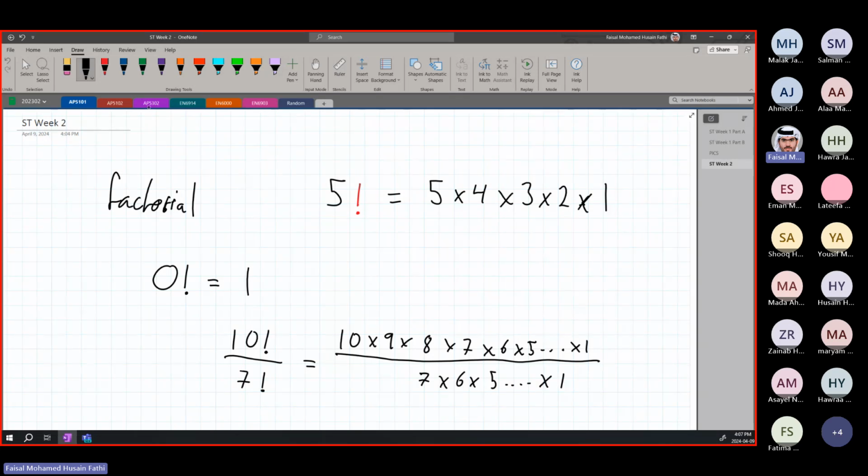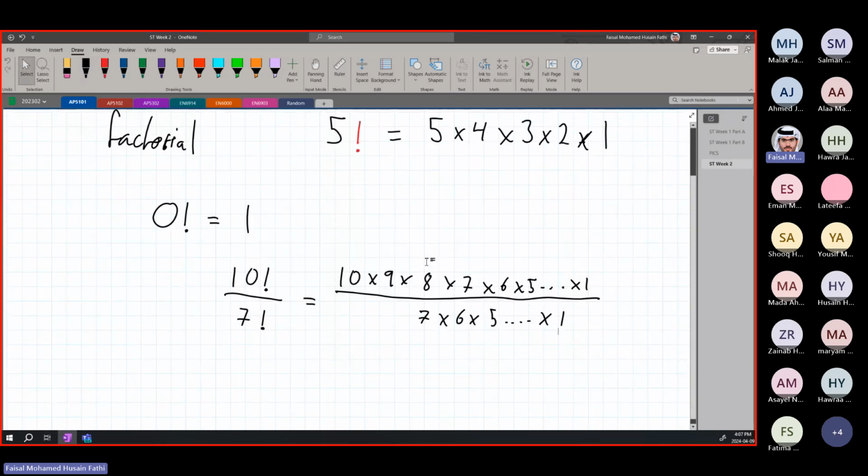So we can simply cancel out this entire part with this entire part because you're dividing by each other. In other words, 10 factorial over 7 factorial is simply equal to 10 times 9 times 8. All right? So this is another thing you should know when it comes to factorials.